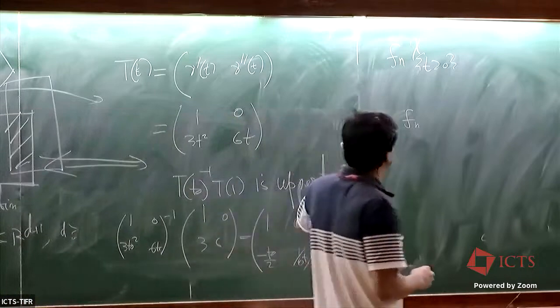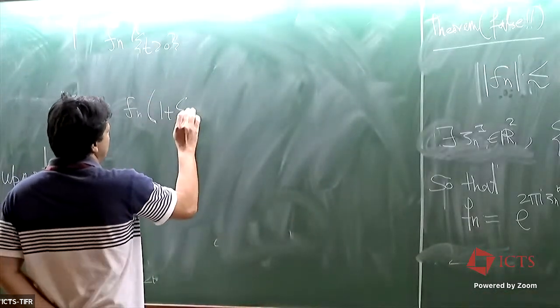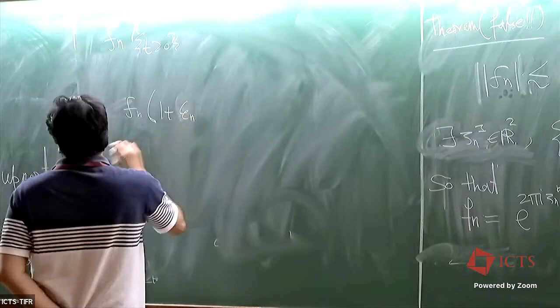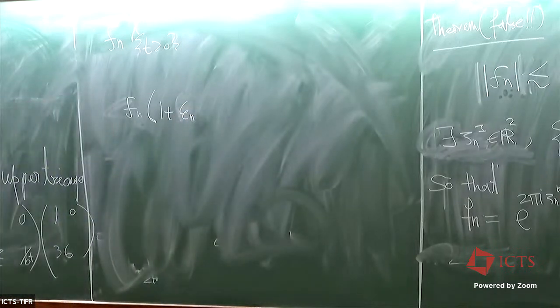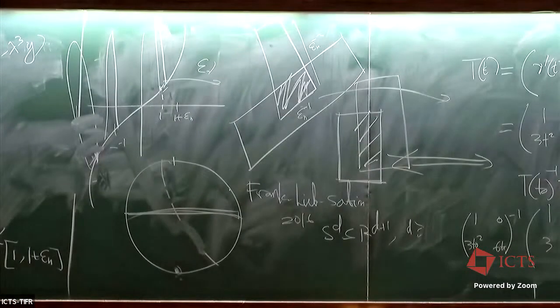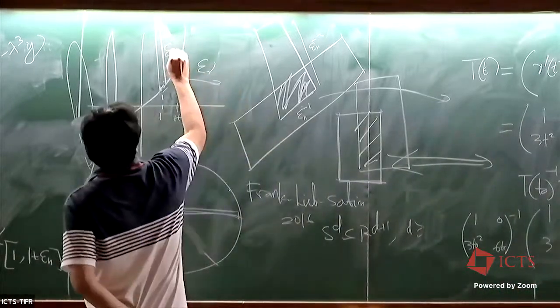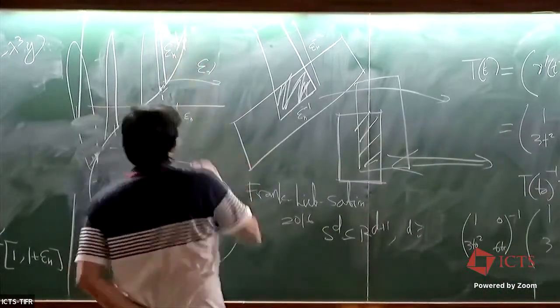What do I mean by this? We're going to do a Taylor polynomial expansion. We look at Fn at 1 plus epsilon n s, epsilon n being the length of the support of the first piece, times epsilon n to the power minus 1 over p, since Fn is about epsilon n to the power minus 1 over p.